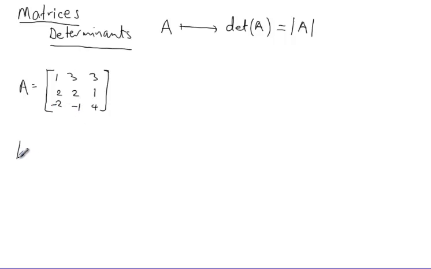Let's say A. Want the determinant now. Look what I'm doing now. I'm writing 1, 3, 3, 2, 2, 1, minus 2, minus 1, 4. I'm going to sound like a fool here, repeating myself several times.